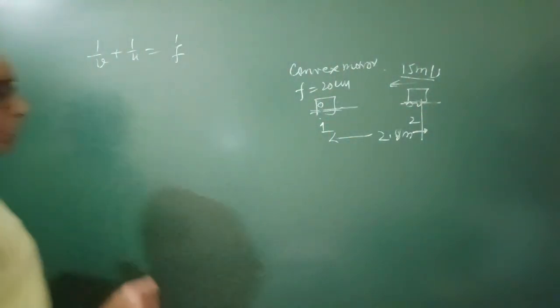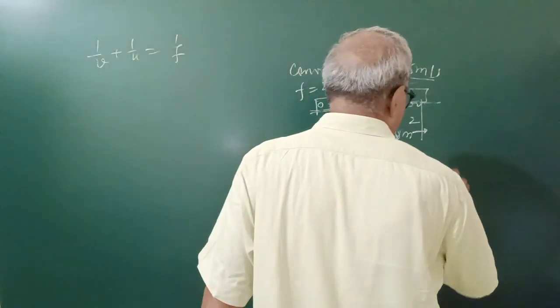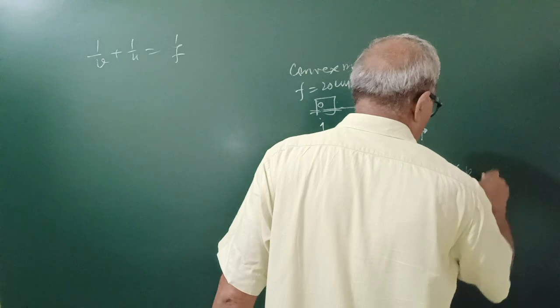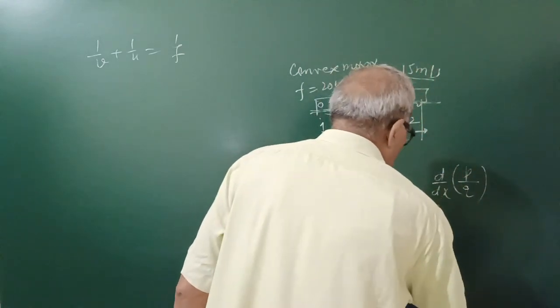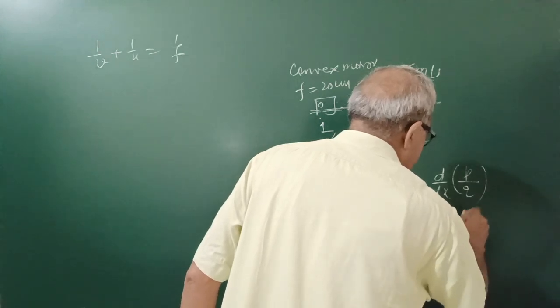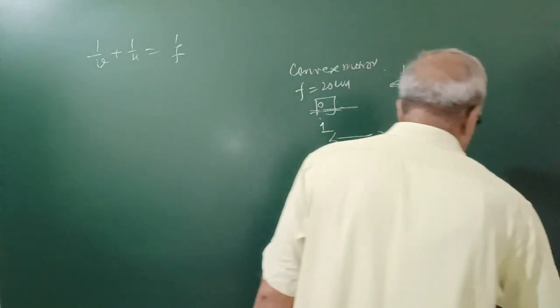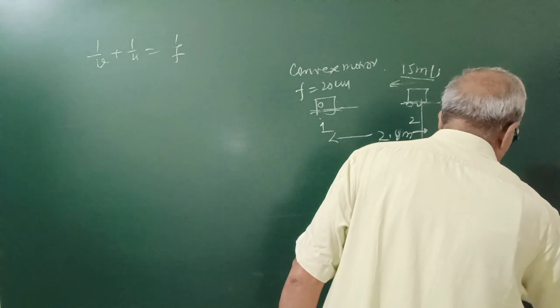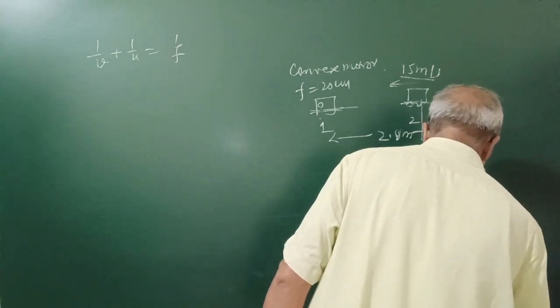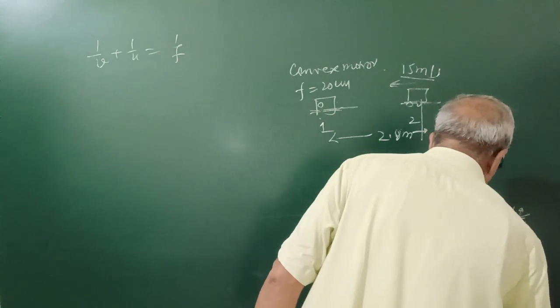So if we differentiate, d upon dx of p upon q is equal to q into d upon dx of p, minus p into dq over dx, upon q square.